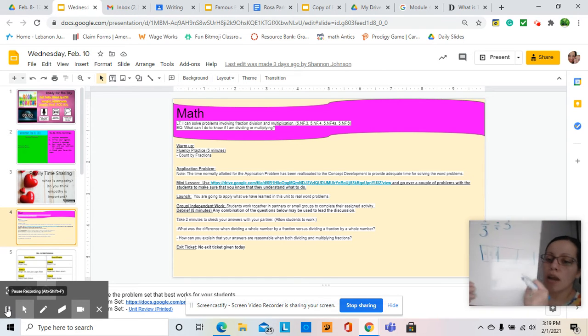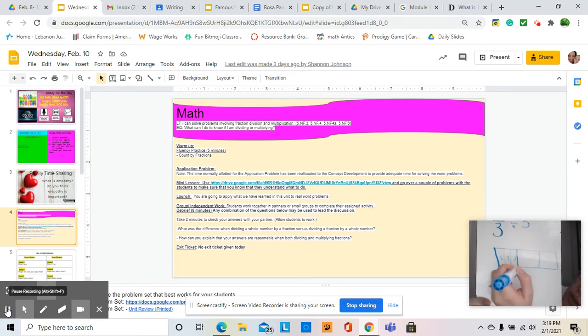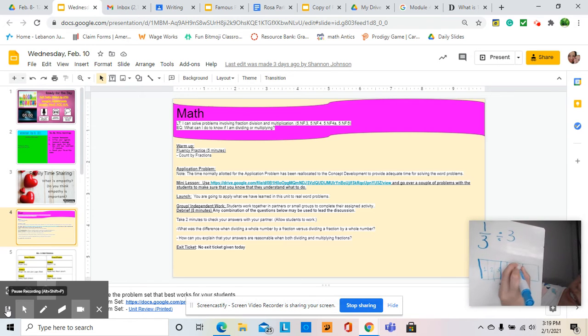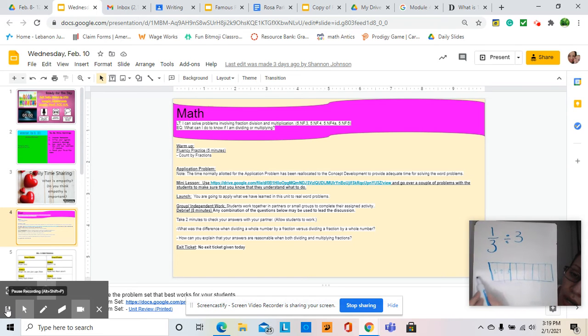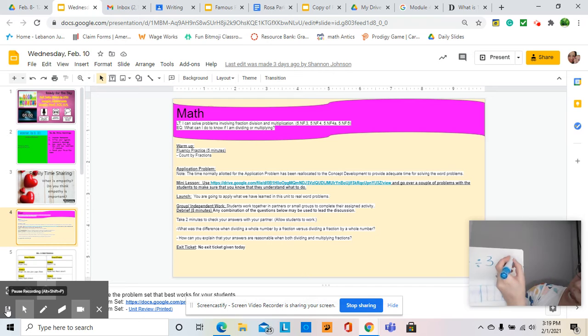Now notice that what I did was divide the third into 3 pieces. The same thing is going to happen to the other thirds so that I can see what's happening here. Now the whole turns into more pieces. So I ended up with 1, 2, 3, 4, 5, 6, 7, 8, 9. So 9 pieces.